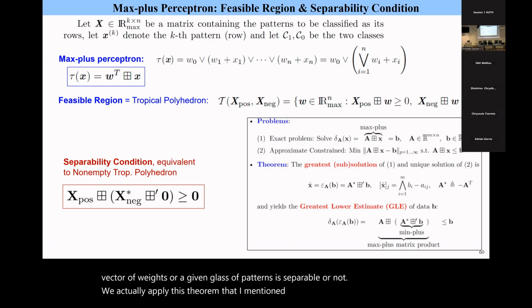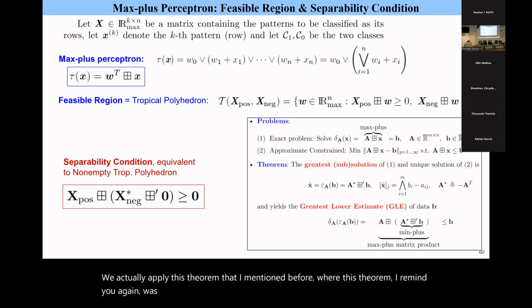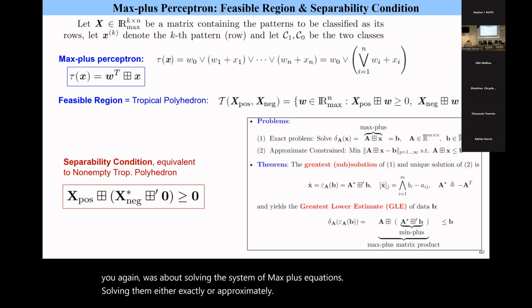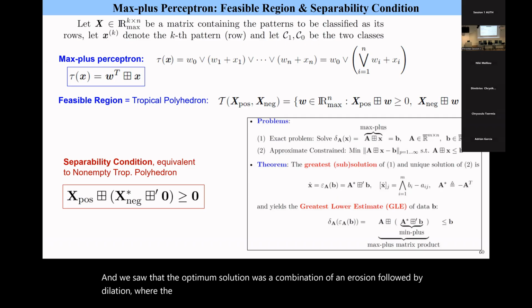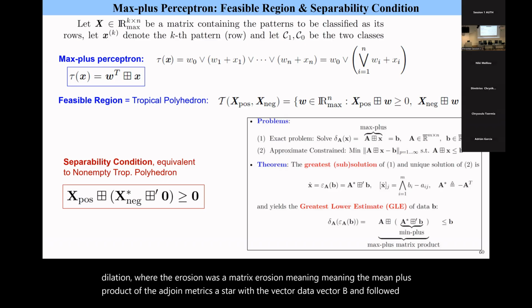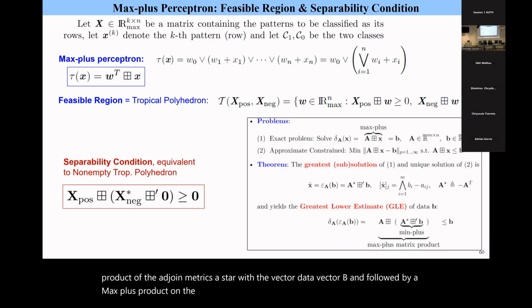This theorem, I remind you again, was about solving the system of max plus equations, either exactly or approximately, and we saw that the optimum solution was a combination of an erosion followed by dilation, where the erosion was a matrix erosion, meaning the min plus product of the adjoint matrix A star with the data vector B, followed by a max plus product on the left with the matrix A.